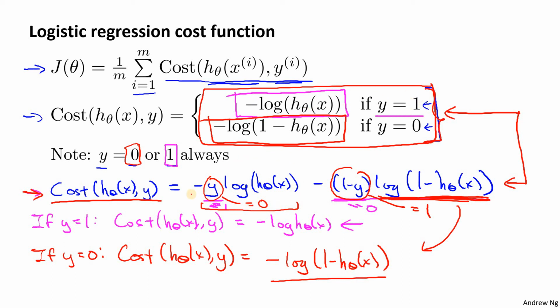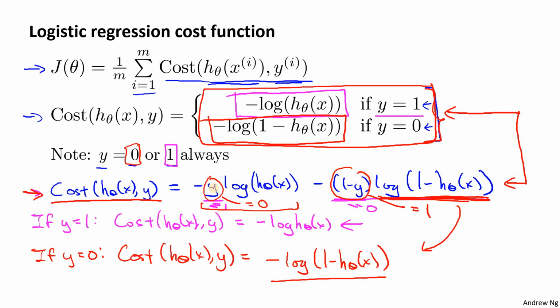If y is 0, this formula will automatically become 0. On the other side, I will be using 1 minus y and then log of 1 minus h. Whenever y is 0, I will have 1 minus 0, so I will be using this formula.